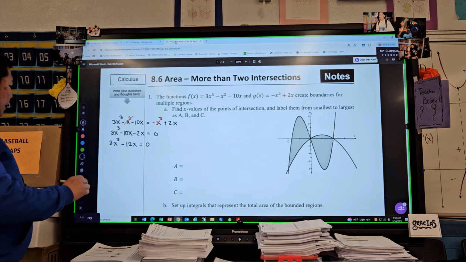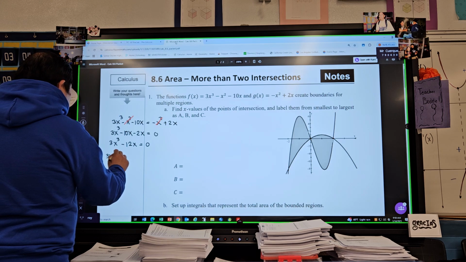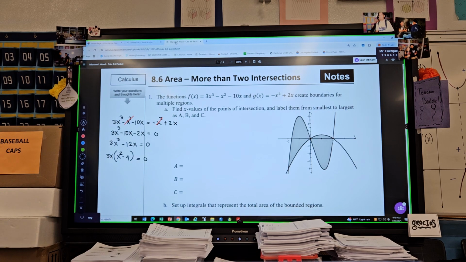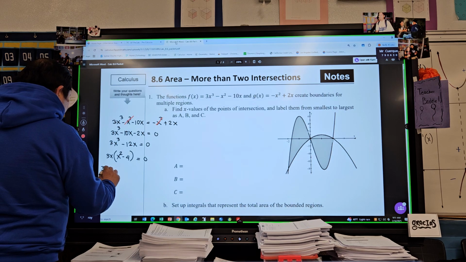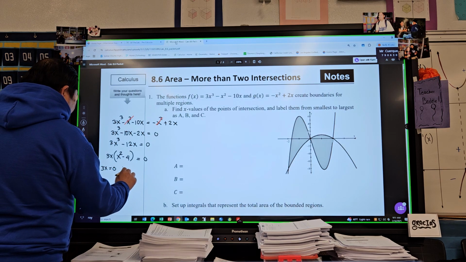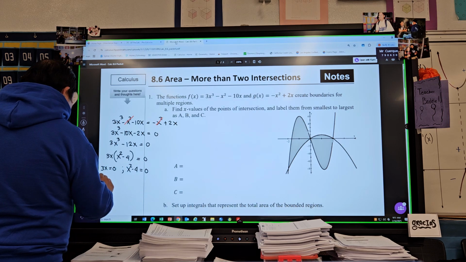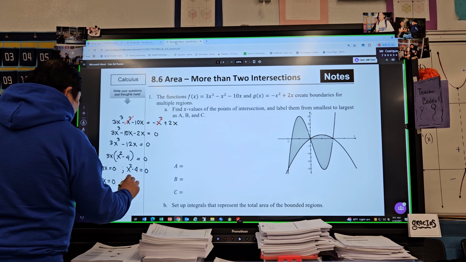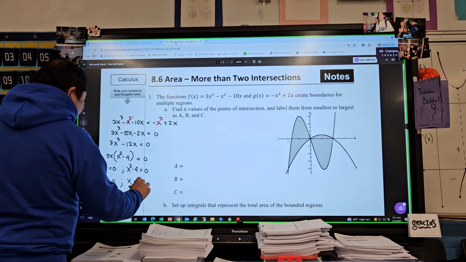So we factor out 3x, and this means x squared minus 4 is equal to 0. Then we split this, writing 3x equals 0 and x squared minus 4 is equal to 0. So the value of x is 0, and what else? x is equal to plus and minus 2.